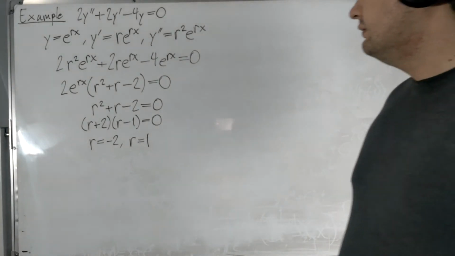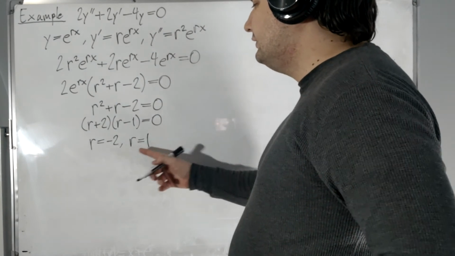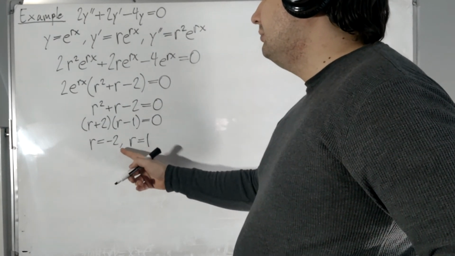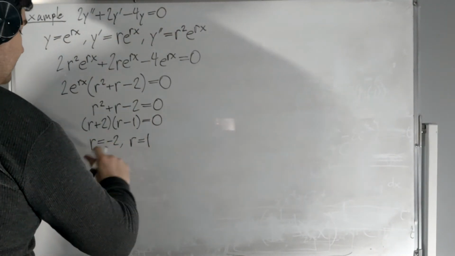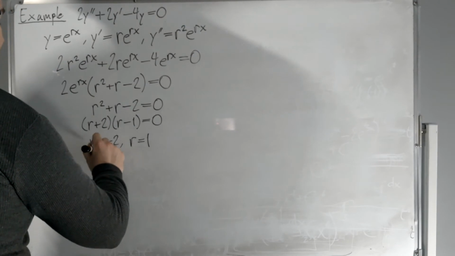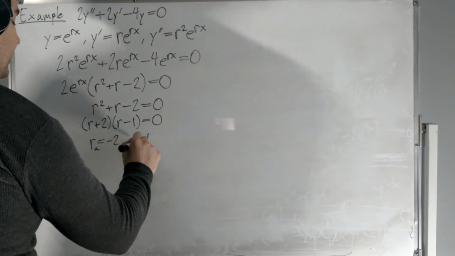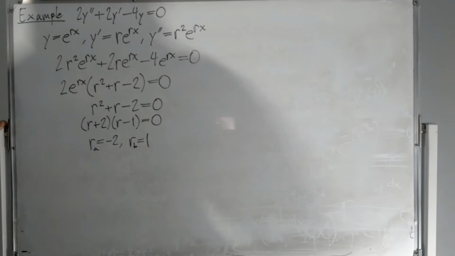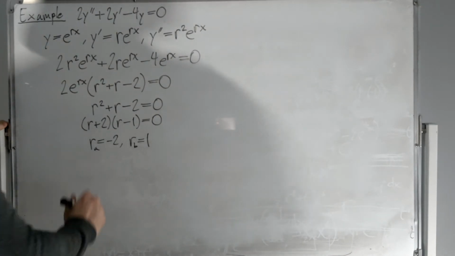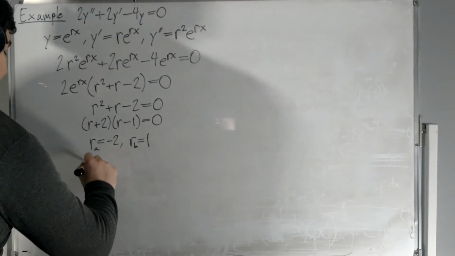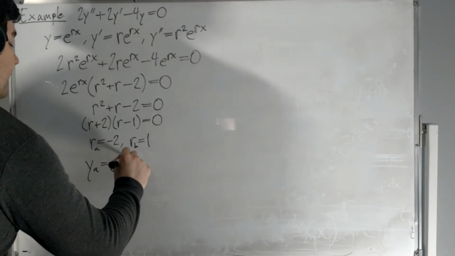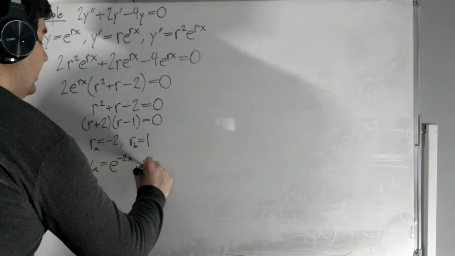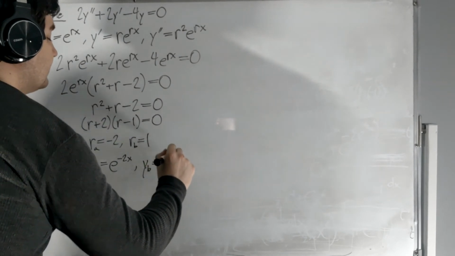So then, let's think about what those two roots correspond to, because we're looking at e to the rx, right? So this gives us two different solutions. Let's call this rA and rB. yA is going to be e to the negative 2x. yB is going to be e to the x.